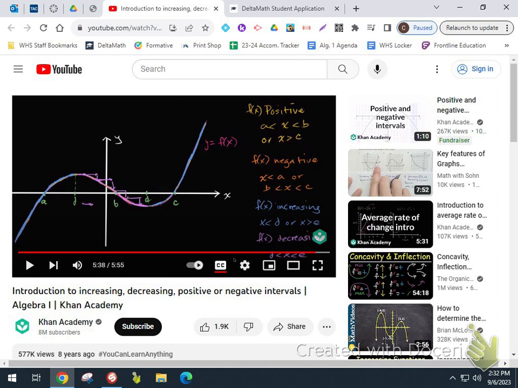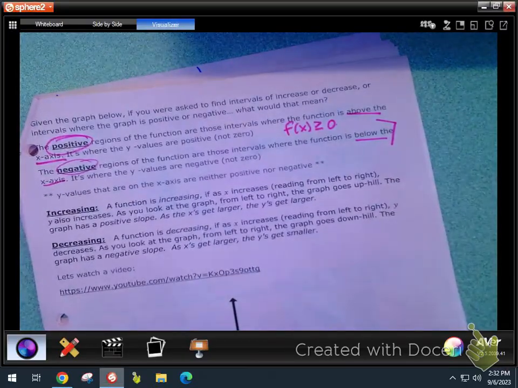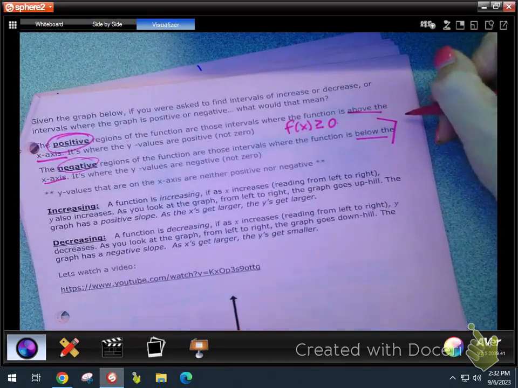Points where y equals 0. What is it intercepting? The x-axis. Those are your x-intercepts. So those stopping points for when your graph changes from positive to negative are at the x-intercepts.